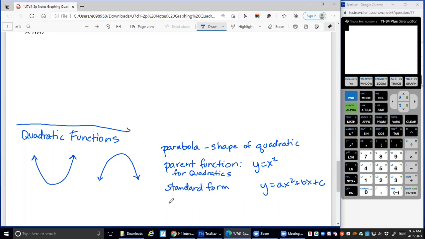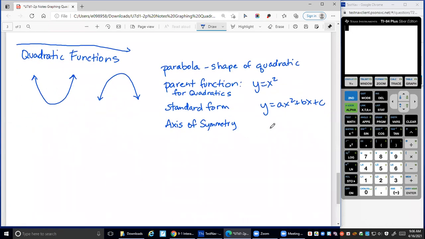And again, I would probably write here our axis of symmetry, the formula. Is x equals, and we're pulling the a and the b from here, right? So it's negative b over 2a, and those values are pulled from your actual quadratic equation. And the c refers to the y-intercept.